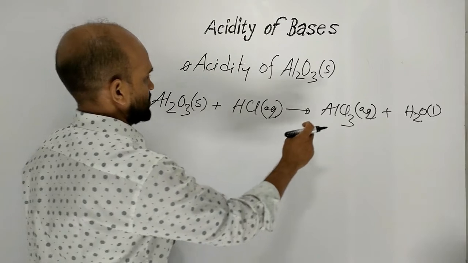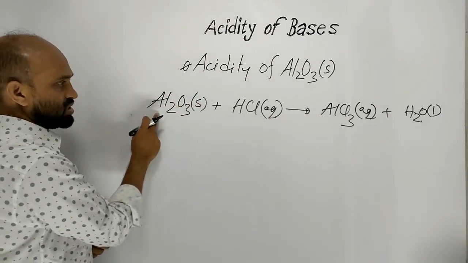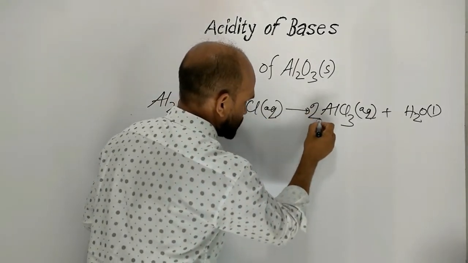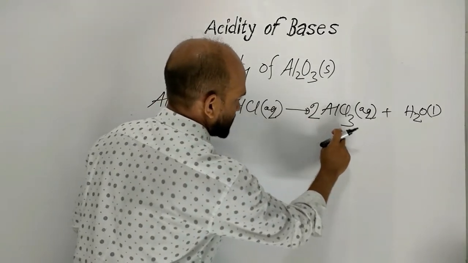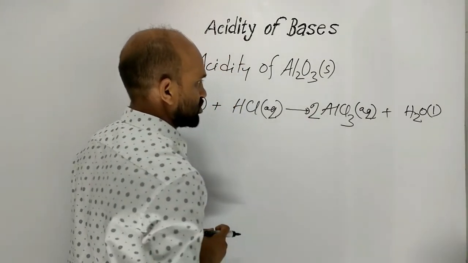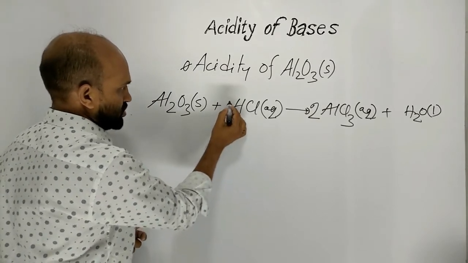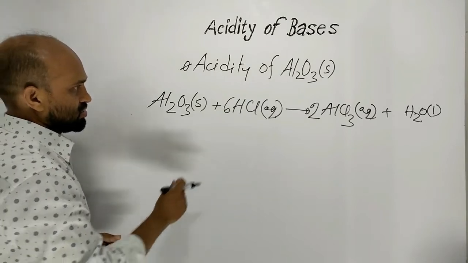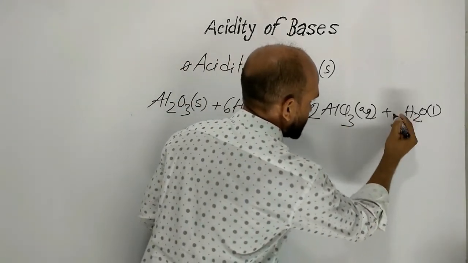Here 1 aluminum atom, but here 2 aluminum atoms. So here 2 is put. Now we see that here total 6 chlorine atoms, but here 1. So 6 is put here. Now 6 hydrogen atoms, here 2.